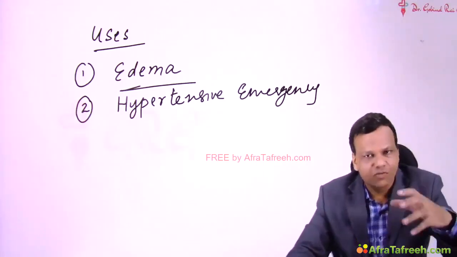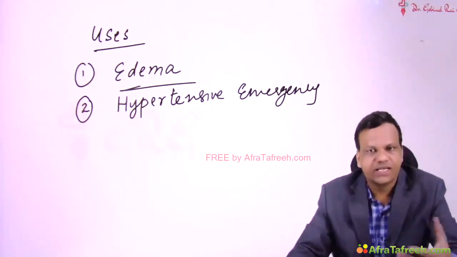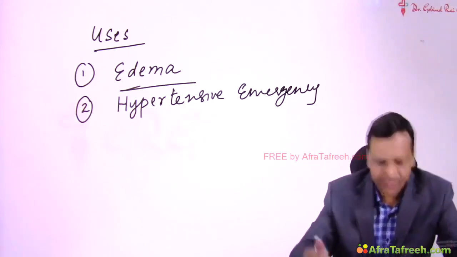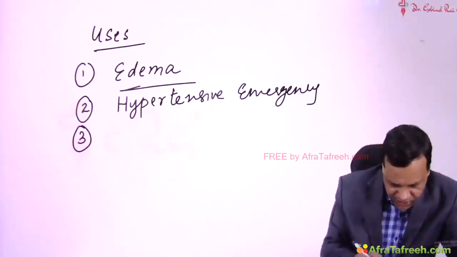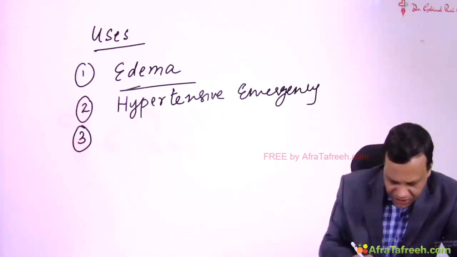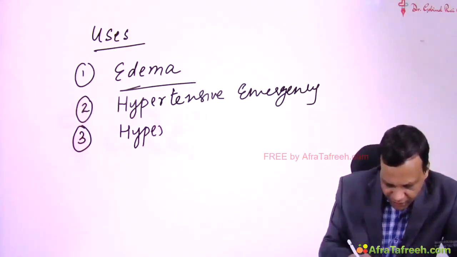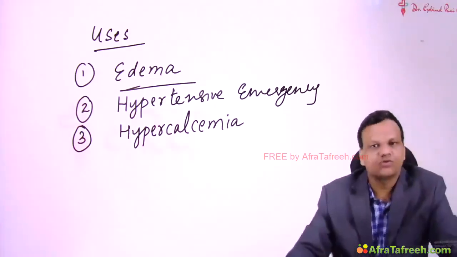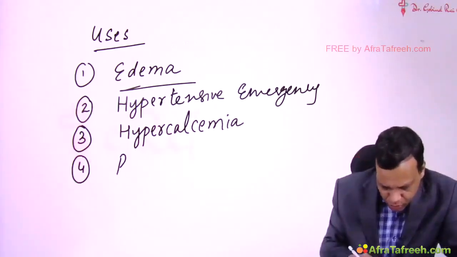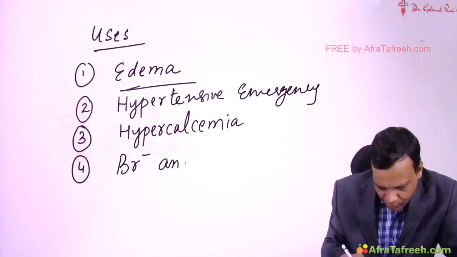They cause sudden removal of sodium and water from the body, so suddenly they can decrease the blood pressure. So in hypertensive emergency, we can use loop diuretics. We discussed that loop diuretics cause loss of calcium, so that means they can be used for treatment of hypercalcemia. Apart from this, loop diuretics are also used in bromide and iodide poisoning.